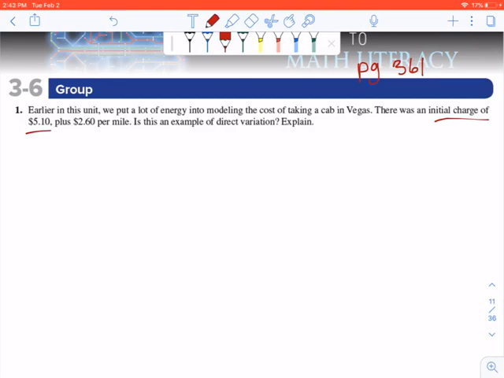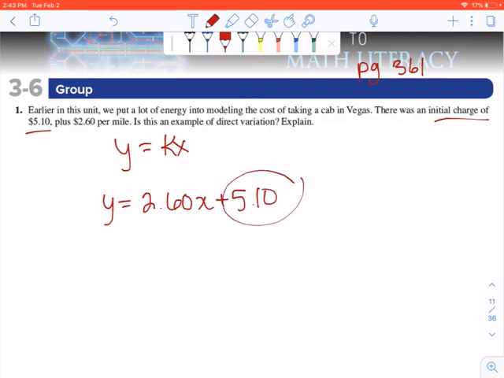The equation that we got was not in the form of y equals kx, and that is a direct variation equation. The equation that we had was $2.60 per mile plus the initial charge of $5.10. Because of this y-intercept, it's not direct variation.